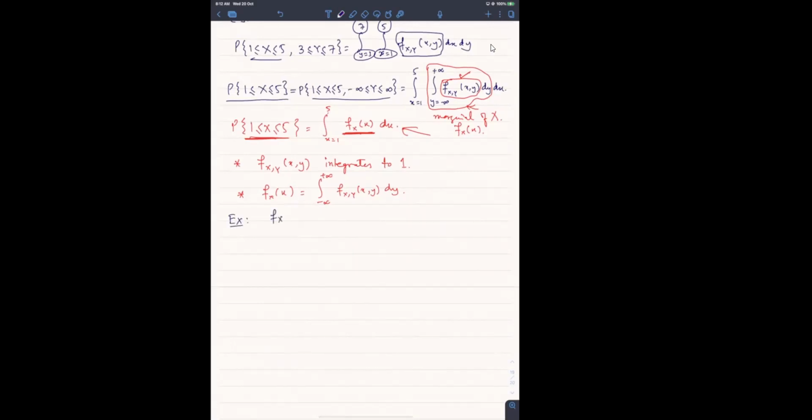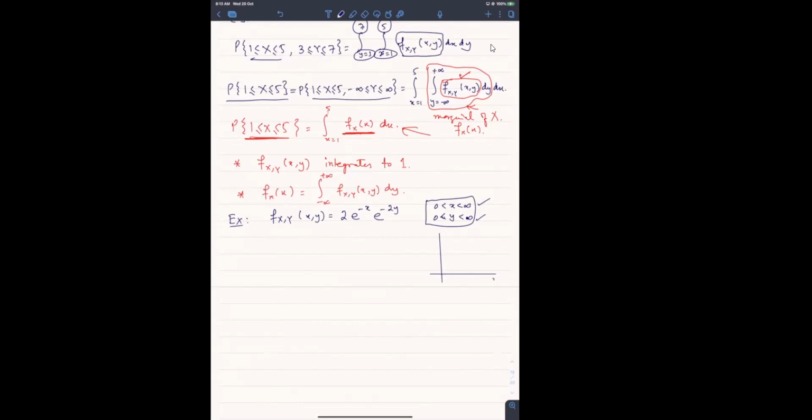Let's say you are given a joint PDF f_XY as 2e^(-x) e^(-2y), where x and y are both going from 0 to infinity. So this limit indicates the region over which the joint PDF of x and y is non-zero. The range of x is 0 to infinity and of y is also 0 to infinity. So this will probably look something like this.